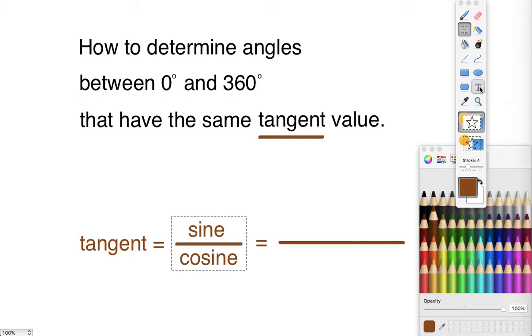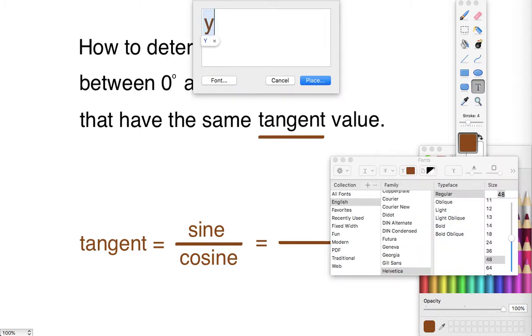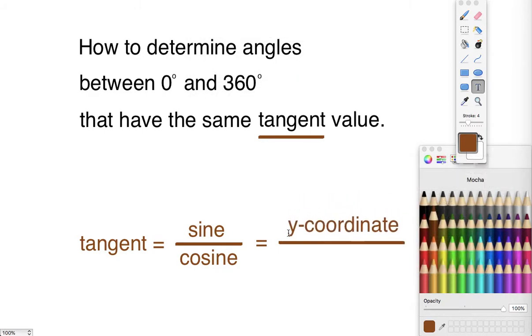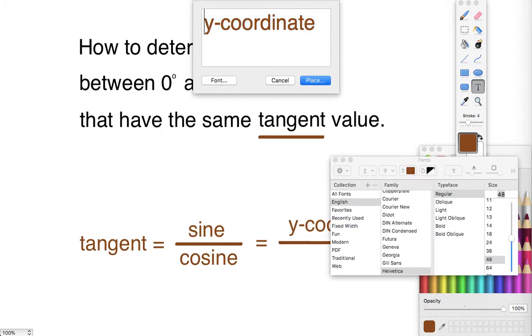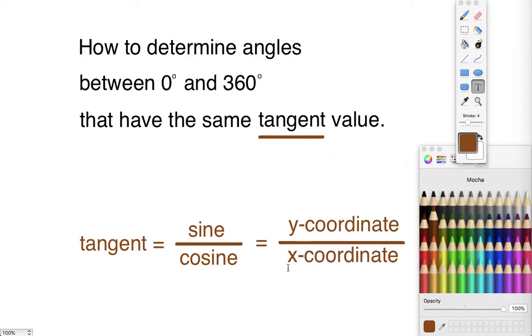So if we were looking at a unit circle, your sine is your y coordinate on the unit circle, and your cosine is your x coordinate on the unit circle. So therefore, tangent is equal to your y coordinate divided by your x coordinate.